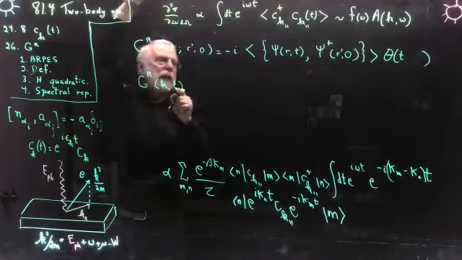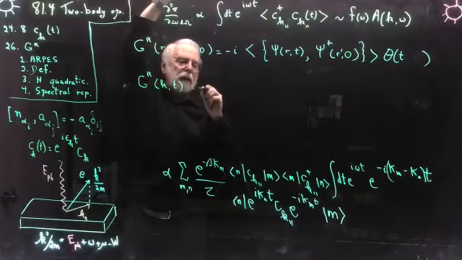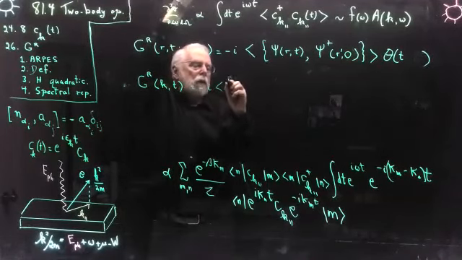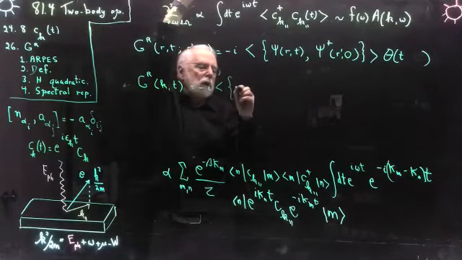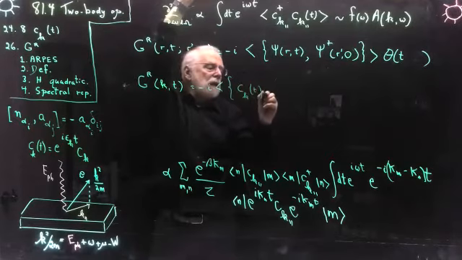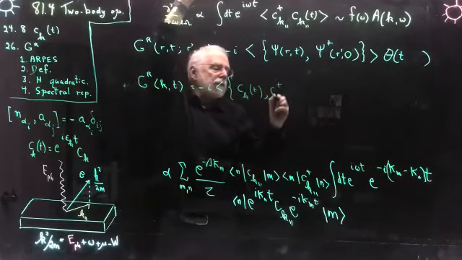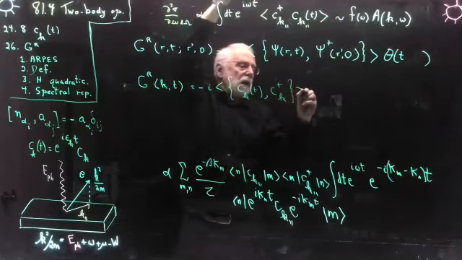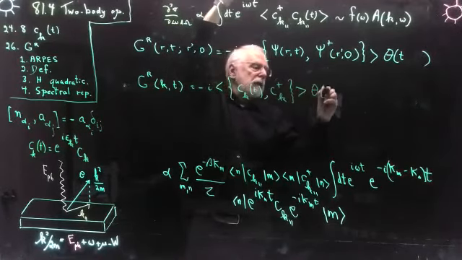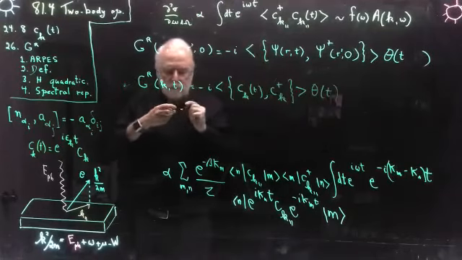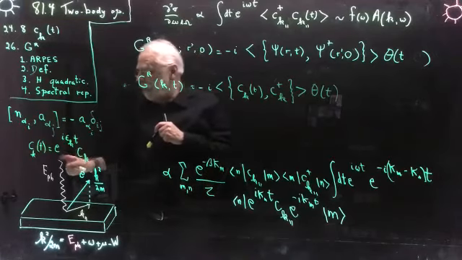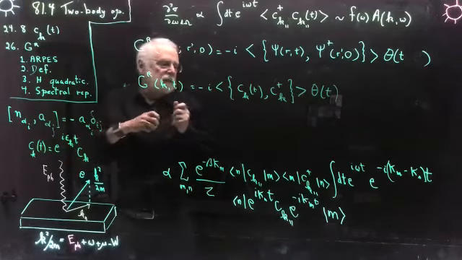So G^R of k, t is minus i times the expectation value of the anti-commutator of c_k of t times c dagger of k, times theta of t. So now I kept this here, you see.